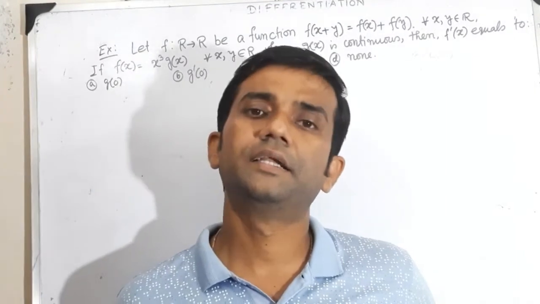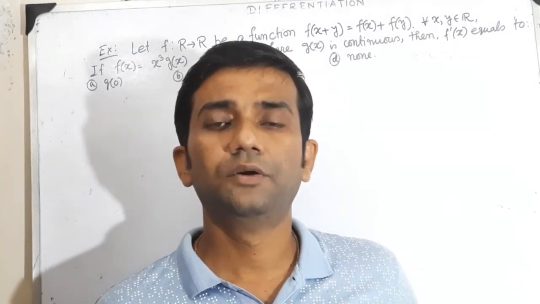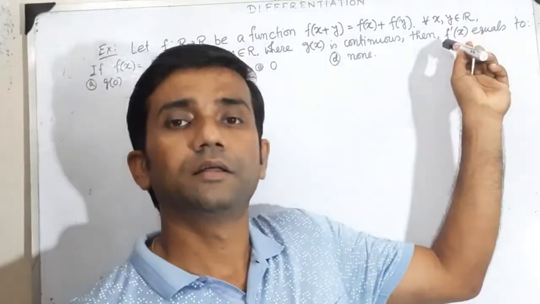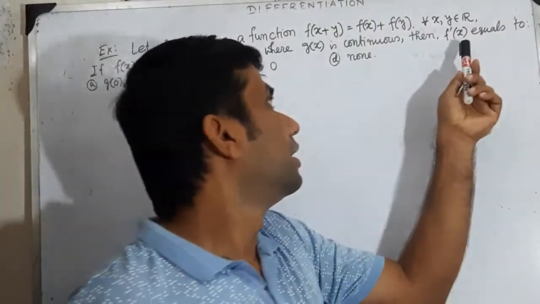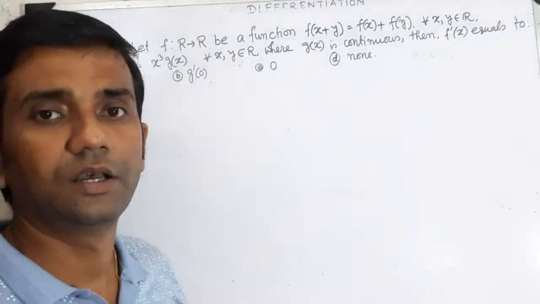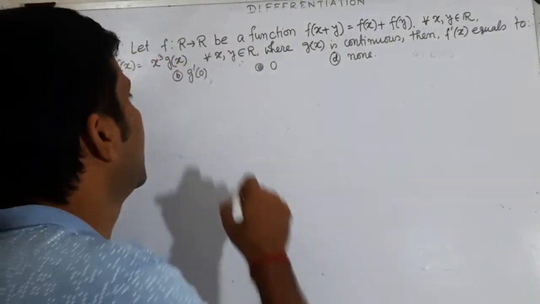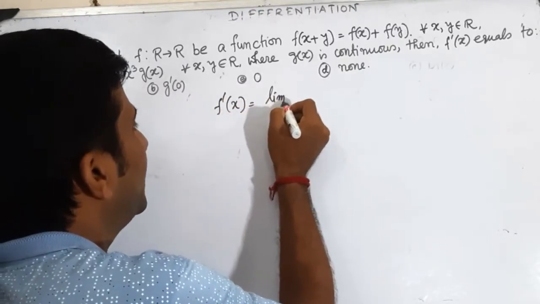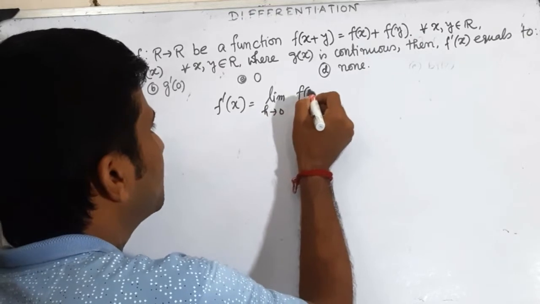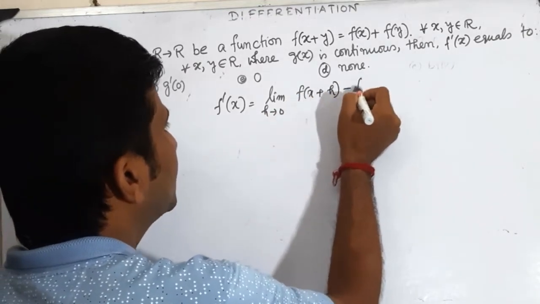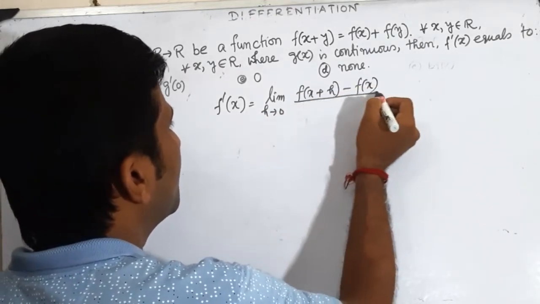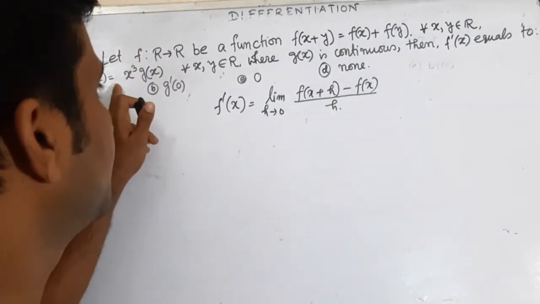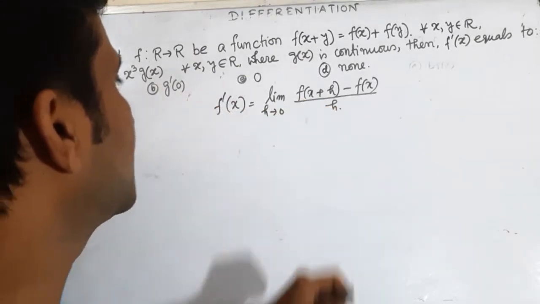I am again and again repeating that you always focus on f'(x), that is, the definition of f'(x). What is the definition of f'(x)? f'(x) means limit h tends to 0 of [f(x+h) − f(x)]/h, and f(x) is given.